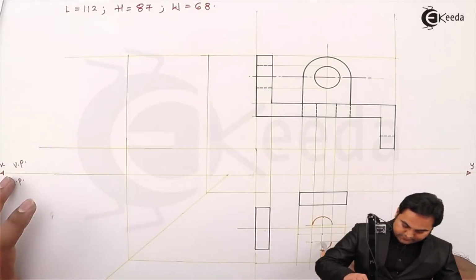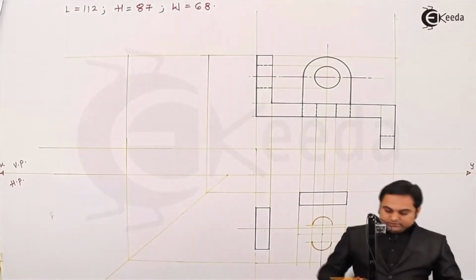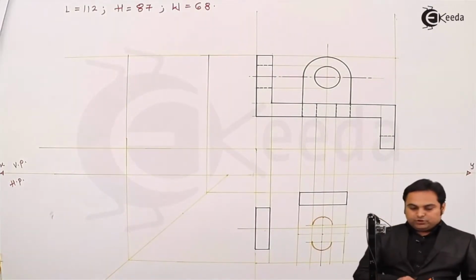drawing a light semicircle. Then as this portion is visible from the top, I'll make it dark.